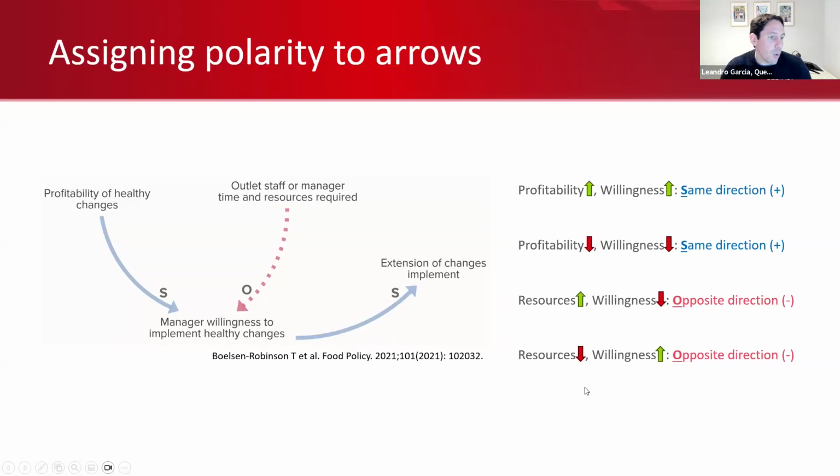So it's never looking only at the effect that's going to define whether it's a plus or minus signal in the arrowhead or in the causal relationship. It's always the effect relative to the cause that defines the polarity of your arrow.